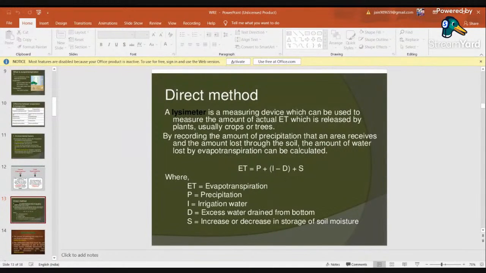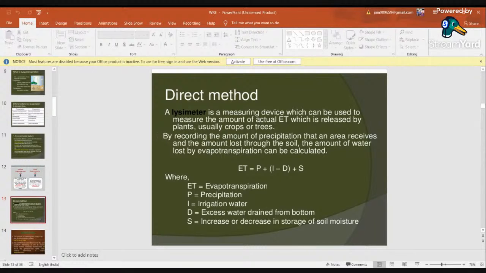Okay, so to measure evapotranspiration we have a device termed the lysimeter. A lysimeter is a device for the direct estimation of evapotranspiration, and typically it comprises a vegetated block of soil around 0.5 to 1 liter, due to which the amount of water added is known, and from which the amount lost as runoff or percolation may be measured.